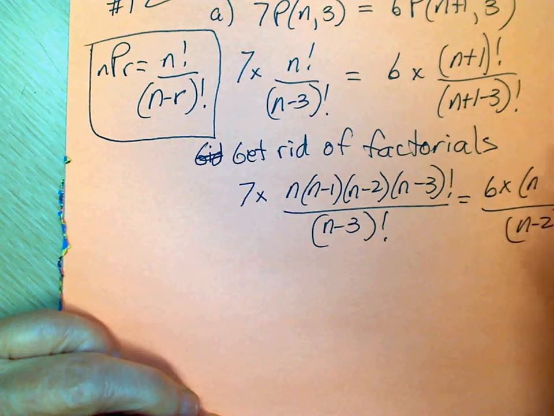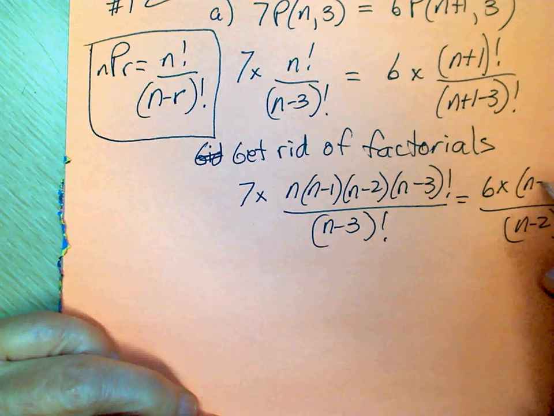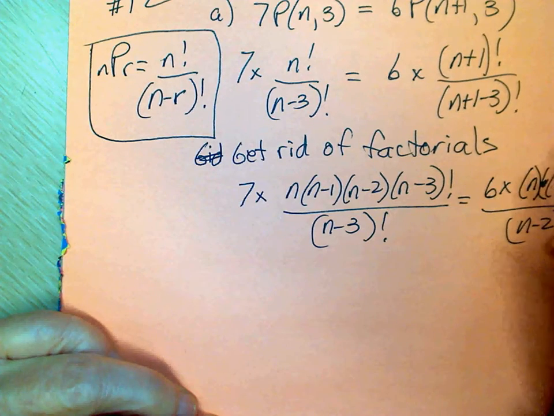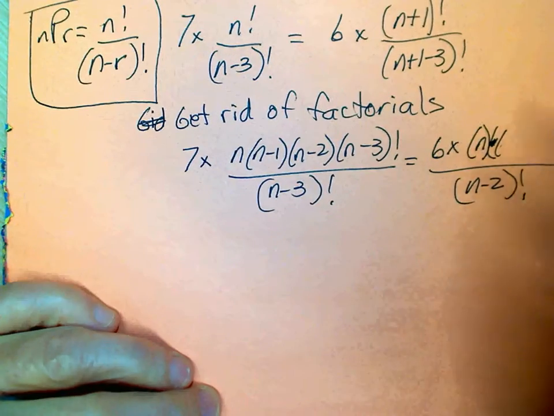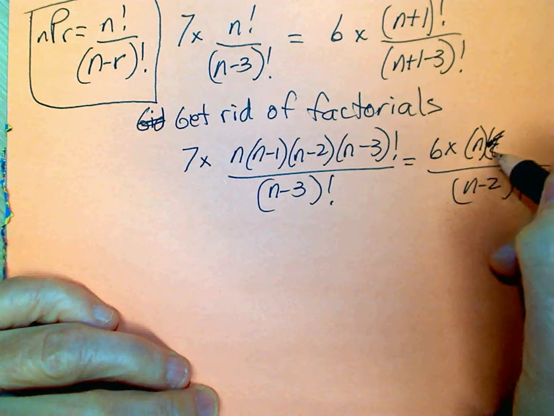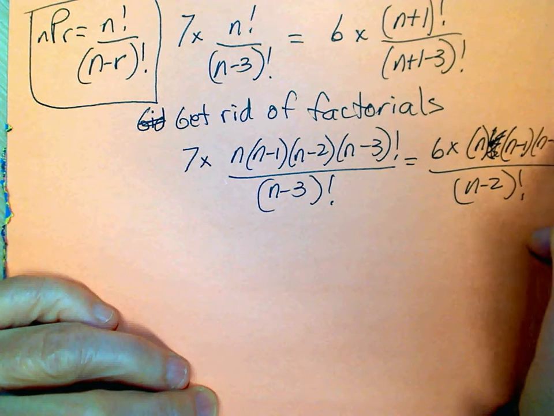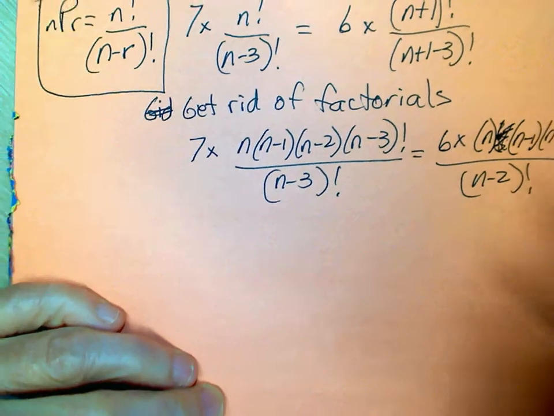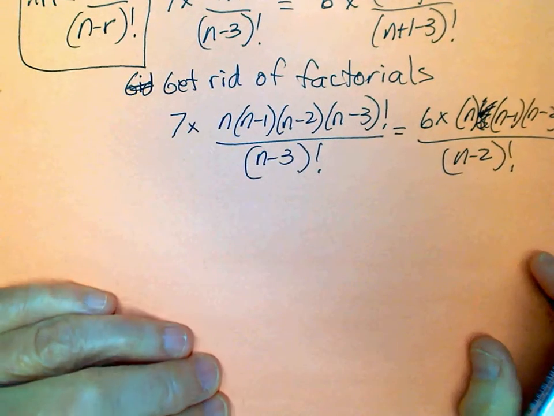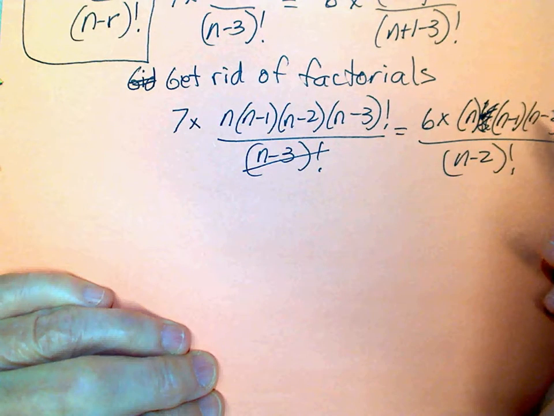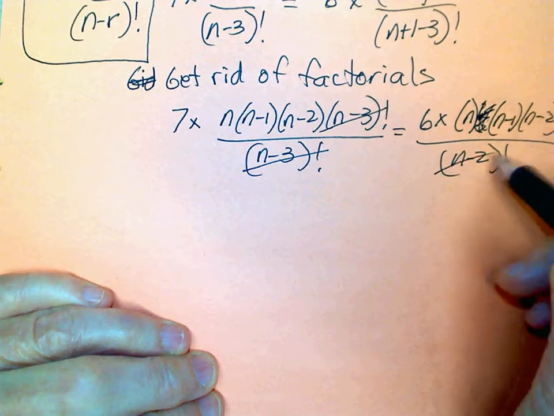So it's n times (n minus 1)(n minus 2) factorial. So now we can get rid of those factorials. That divides into that.